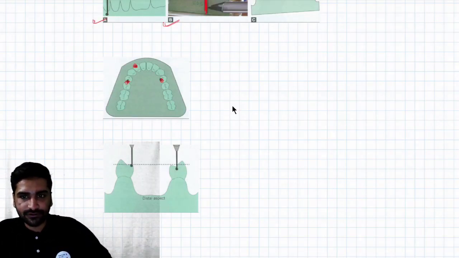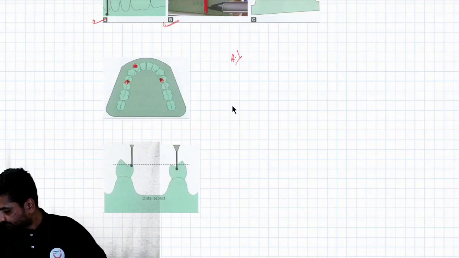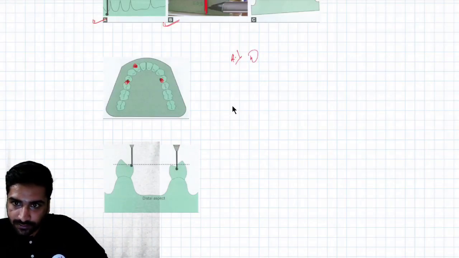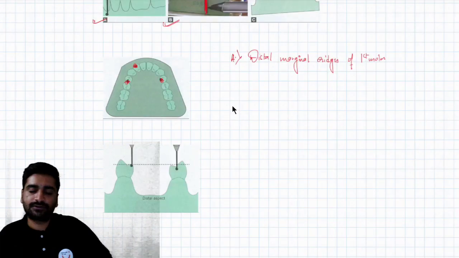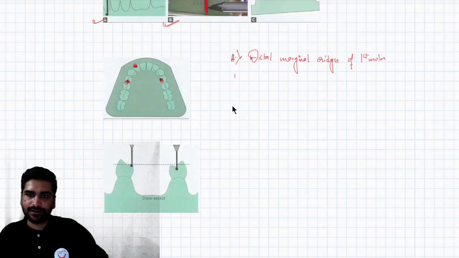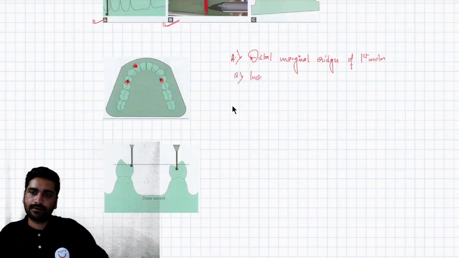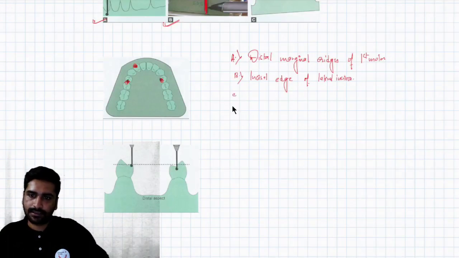So what areas you can use? You can use the distal marginal ridges of first molars, right? So second, anteriorly you can use the incisal edge of lateral incisor, correct.